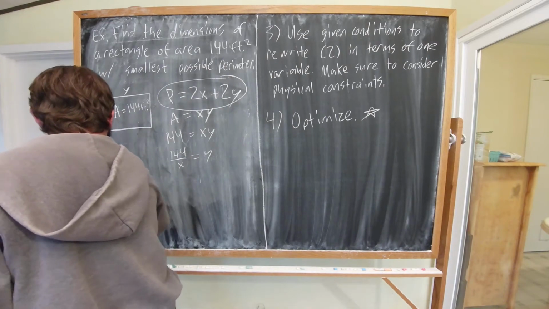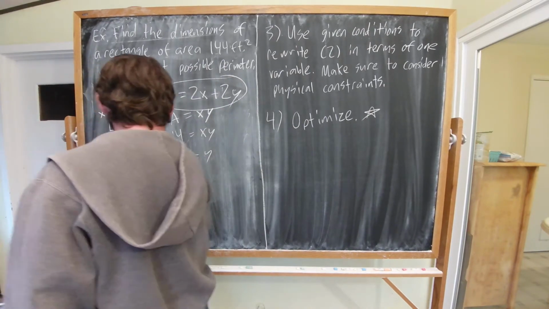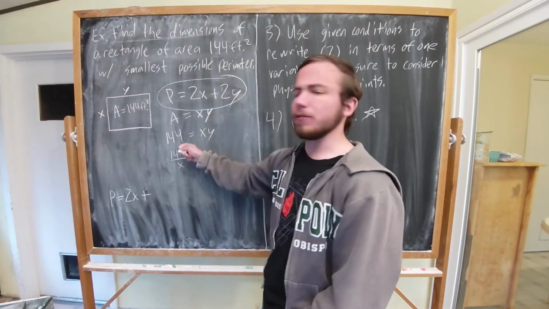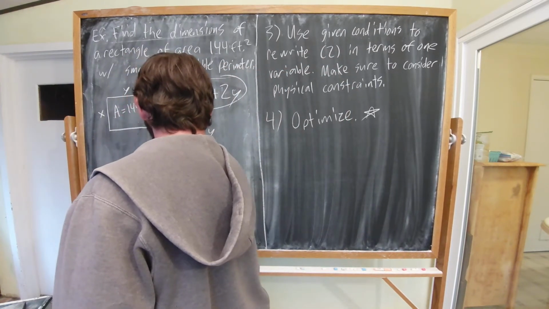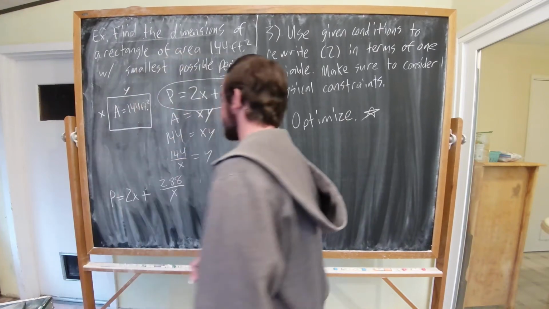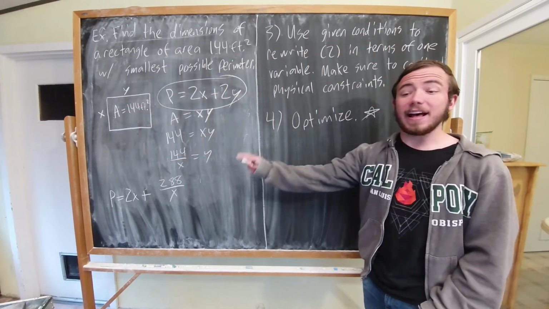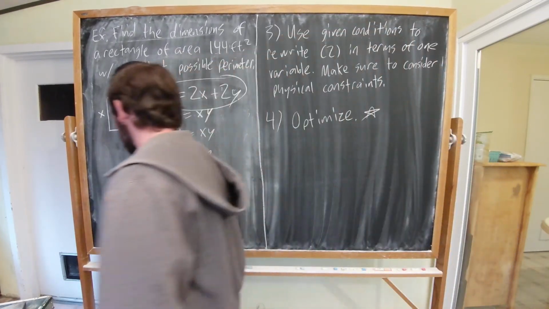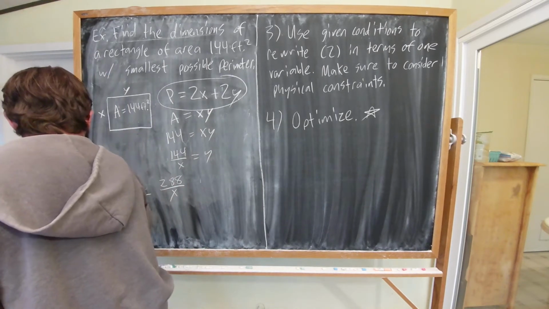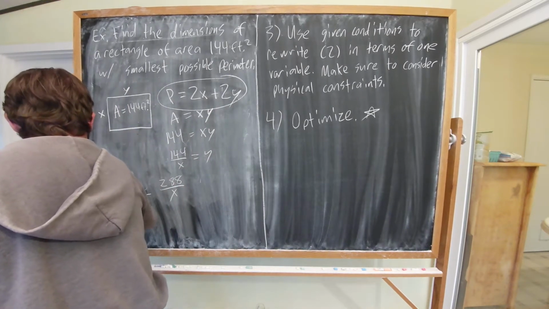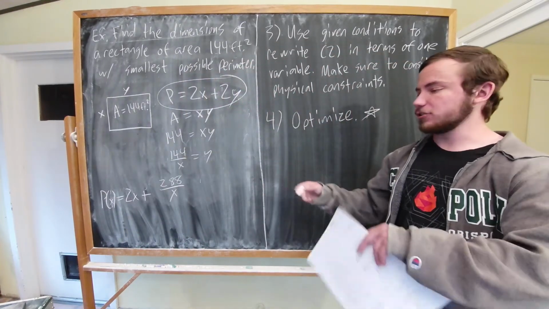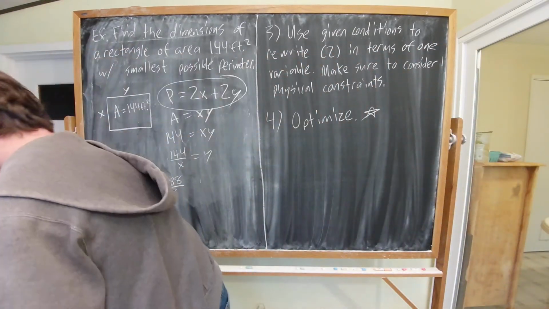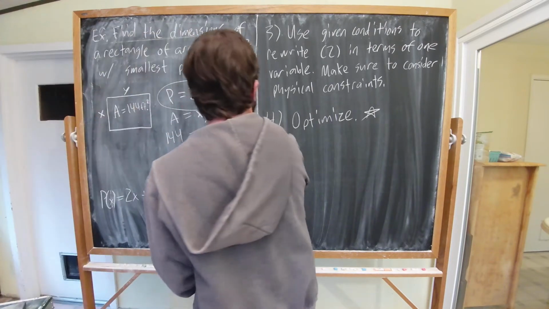Then we get that P is equal to 2x plus 2 times 144, which is 288, over x. Great, that's a function of x. So let's even write it as P of x, and we can optimize that function. So let's do so.